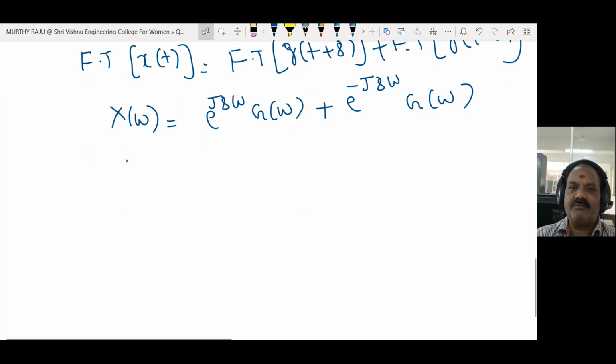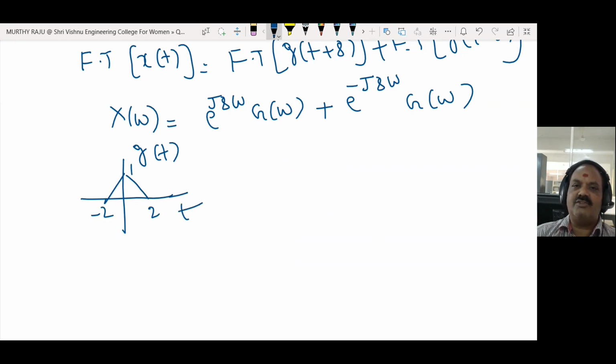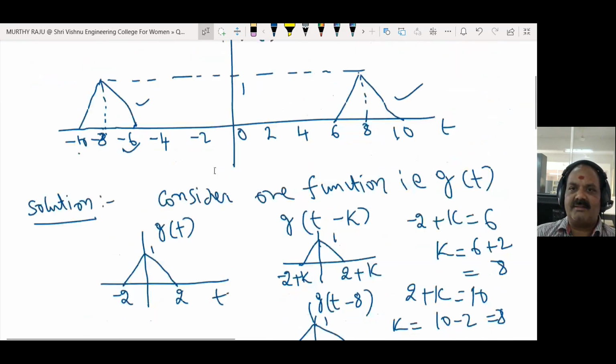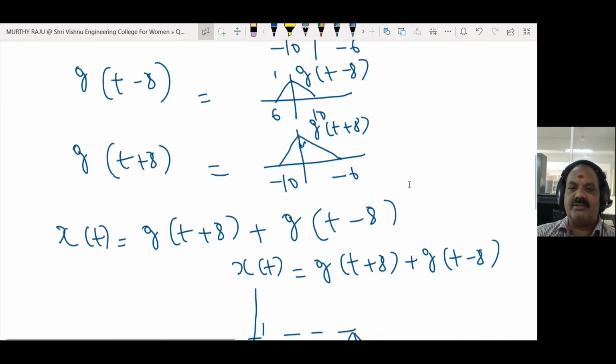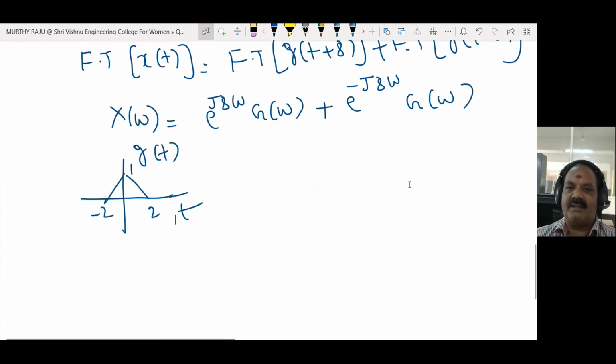We know that the g of t function is from -2 to 2, amplitude 1. Initially, I selected an arbitrary signal. Consider one function from -2 to 2, g of t, and apply Fourier transform to this function.